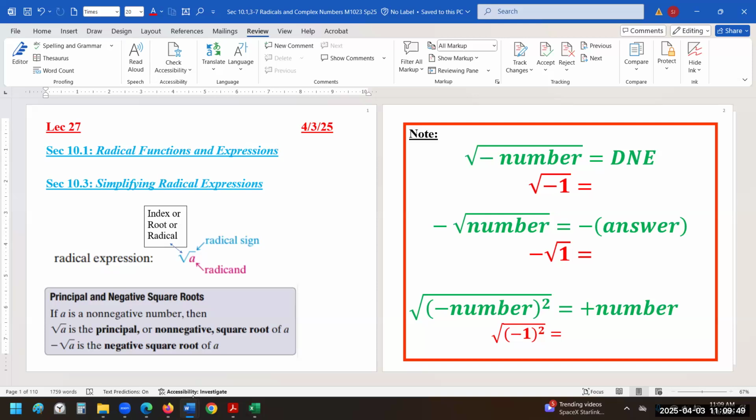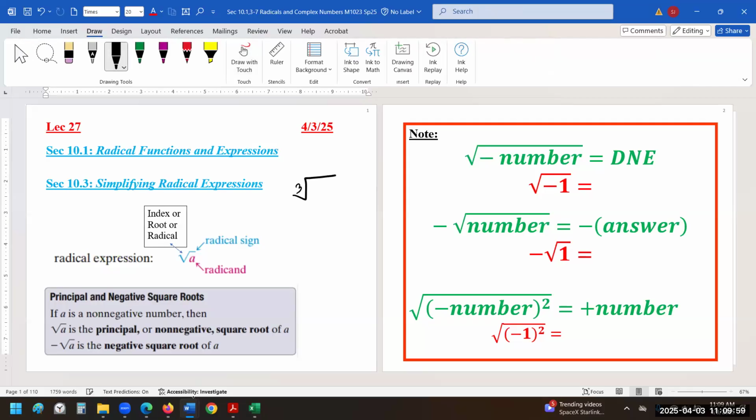So if you don't see any number, we call it a square root. The index is 2. If you have 3, we call it a cube root. It means your index is 3. If you have 4, we call it a fourth root. It means your index is 4.